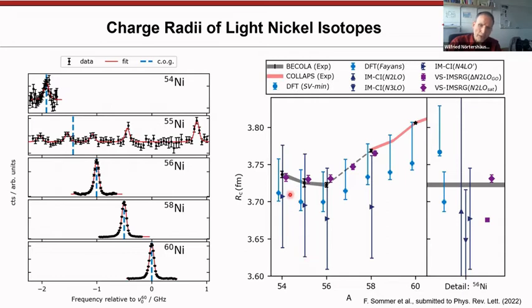And we have here results from density functional theory with SV-min and a Fayans functional. We also have in-medium configuration interaction, which is a no-core shell model-like calculation in this region, and valence-space in-medium similarity renormalization group calculations using the N2LO SAT interaction as well as the delta N2LO GO interaction.